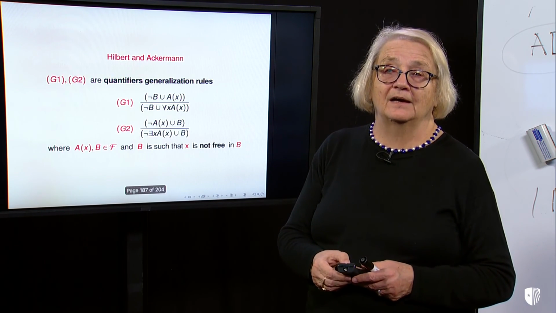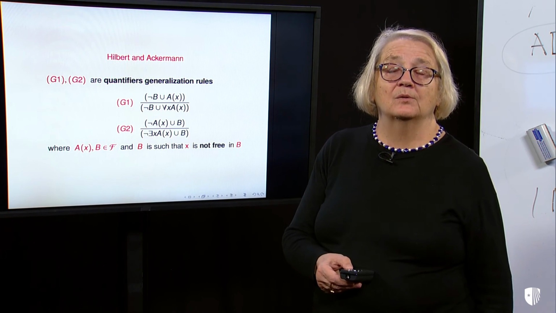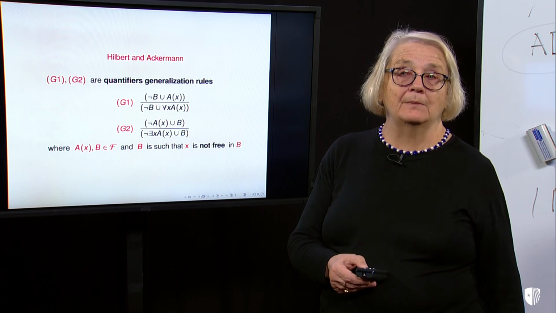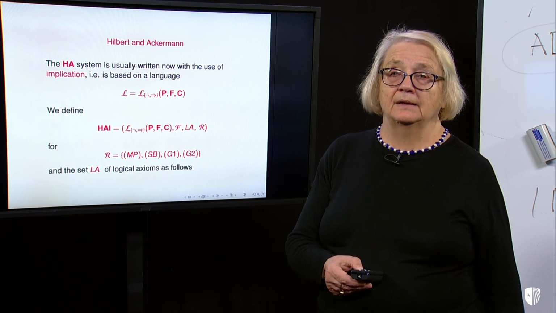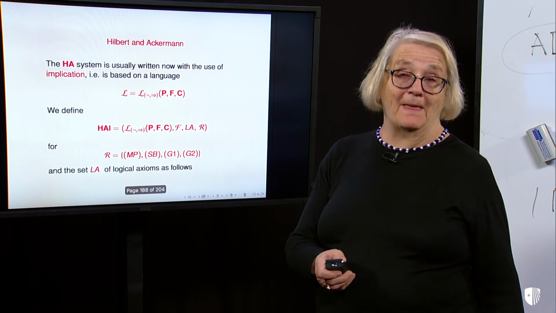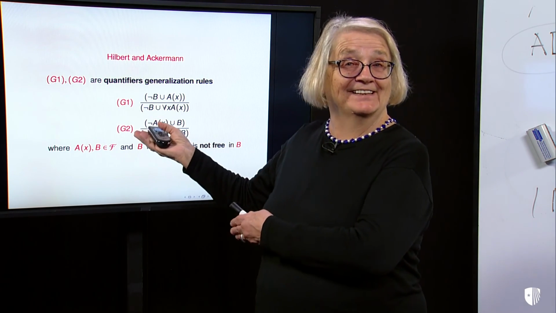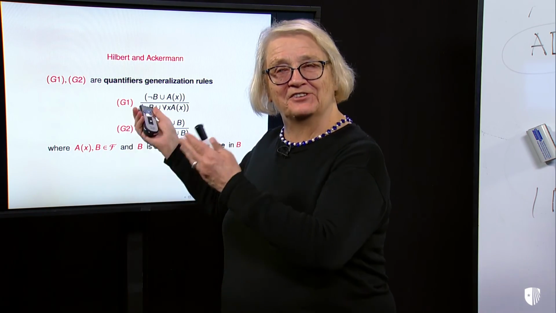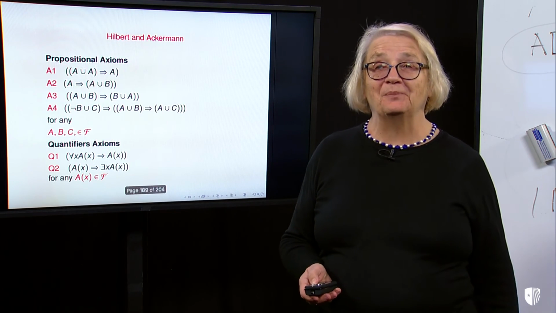So that is Hilbert, and all rules, including generalization, are rewritten with implication replaced by not A or B. If you want a good exercise, please take the Henkin proof for that system and prove the deduction theorem. You will be able to do it because the system is complete.